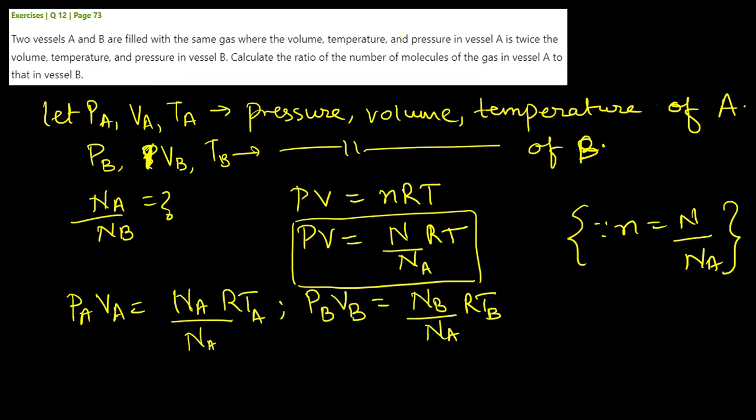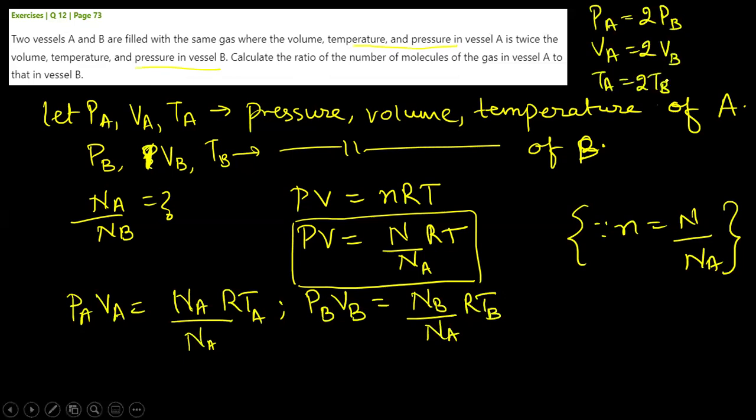The volume, temperature, and pressure in vessel A is twice that of volume, temperature, pressure in B. So they have given PA is 2 times of PB, VA is 2 times of VB, and TA is 2 times of TB. So PA equal to 2 PB, VA equal to 2 VB, TA equal to 2 TB.